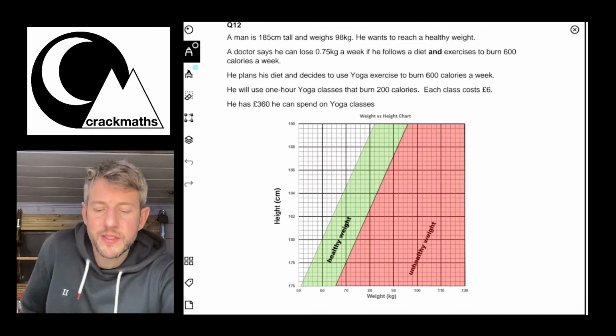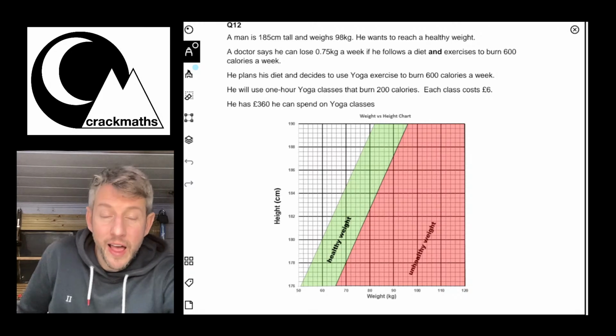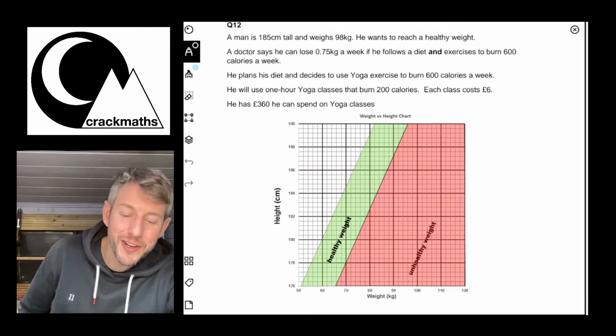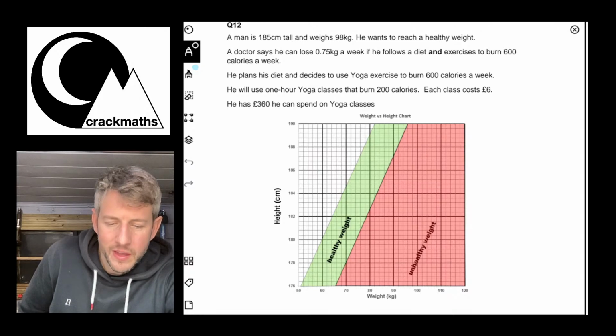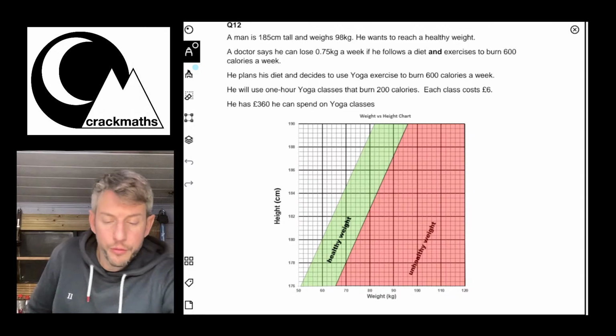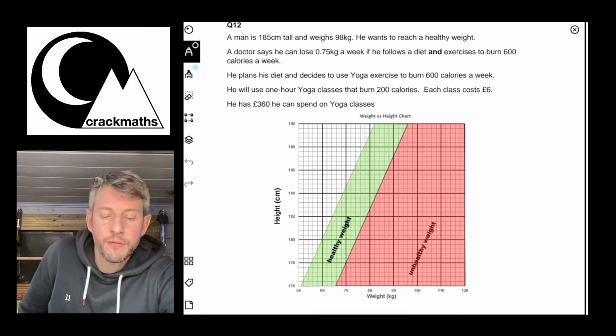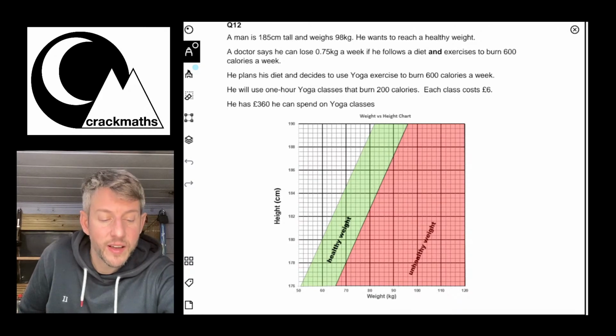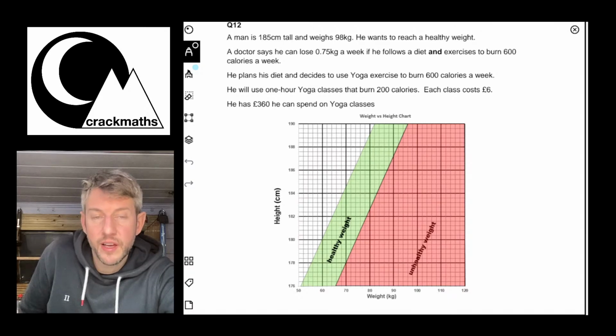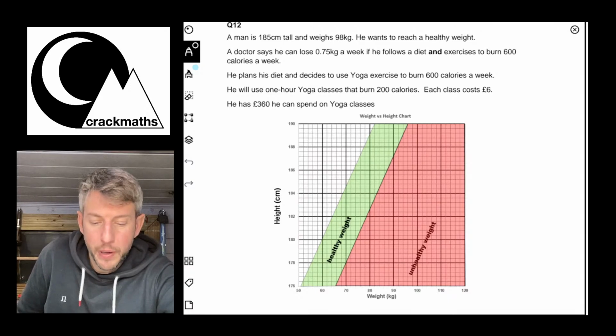And the question says, a man is 185 centimeters tall and weighs 98 kilograms. He wants to reach a healthy weight. A doctor says he can lose 0.75 kg a week if he follows a diet and exercises to burn 600 calories per week. Okay.